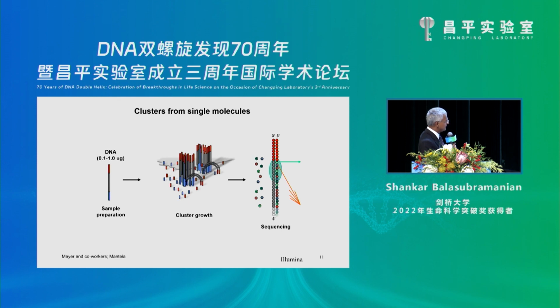And then you can melt this duplex and re-anneal, and statistically you'll re-anneal to engrafted primers on the surface, and you can extend again and undergo cycles of geometric amplification of the clonal molecule. Because one end is always anchored to the surface, these molecules remain in the same spatial location. So you generate a cluster of amplified molecules derived from the seed molecule on the surface.